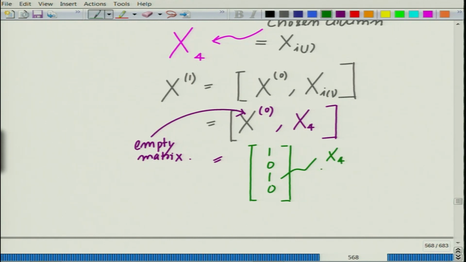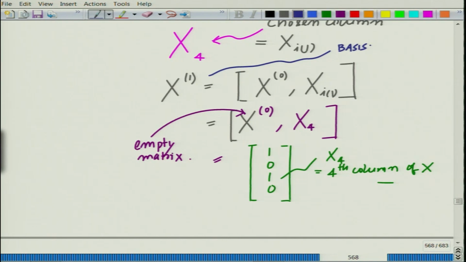This is basically x4, which is the fourth column of x, and this is essentially the basis matrix that is constructed in the first iteration. Okay. So, this is the basis matrix.